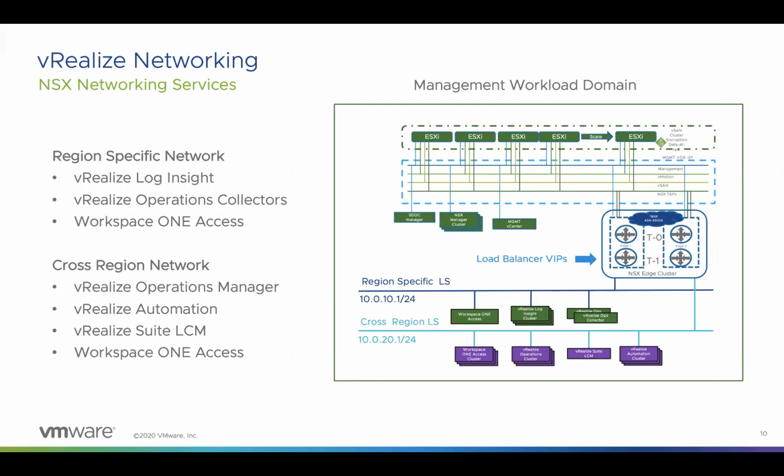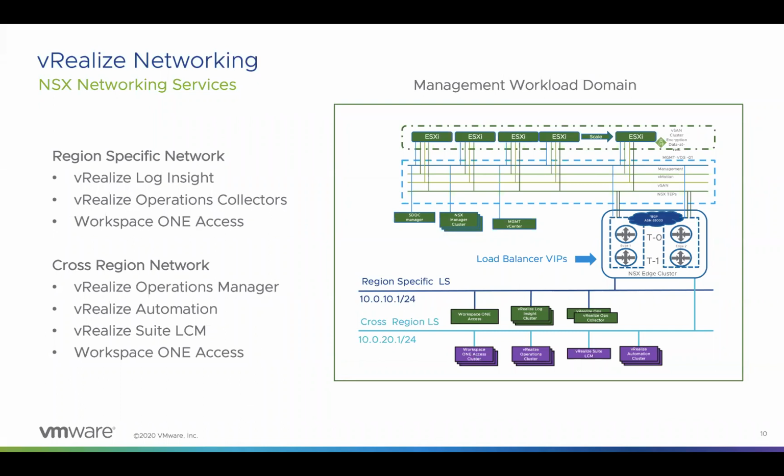And the other set of Workspace One you can see here in the cross region will provide the role-based access control for the rest of the products. For example, vROps, your Lifecycle Manager, and vRA all connect to this one. The question always comes from the customer: why do we need multiple sets of Workspace One?